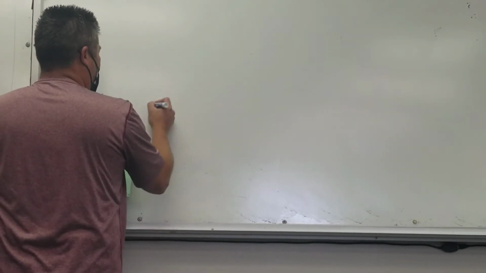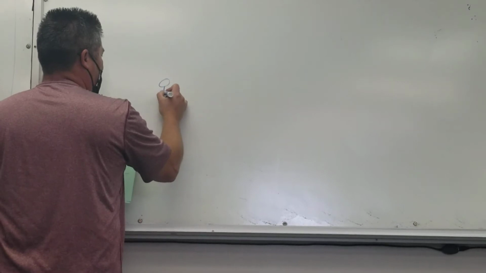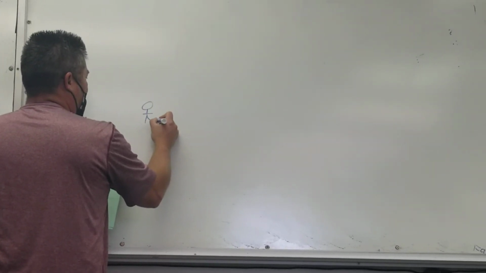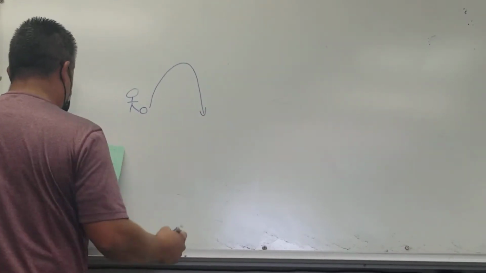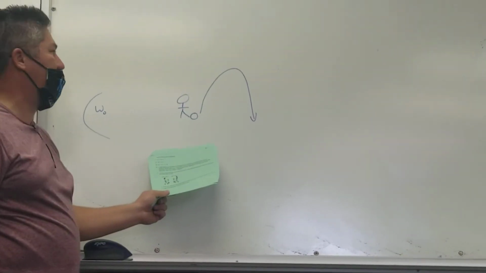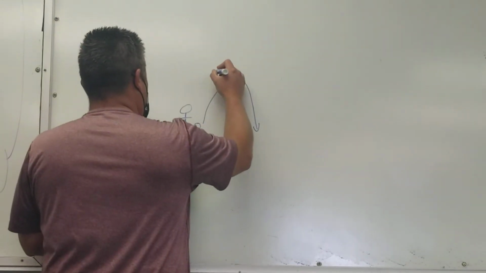Okay, two people are gonna kick a ball up in the air. So let's draw them. Here's a person kicking a ball up in the air. Ball's gonna go up and come down, okay? The equation that represents the amount of time it's gonna take for that ball to go up and come down is the following.